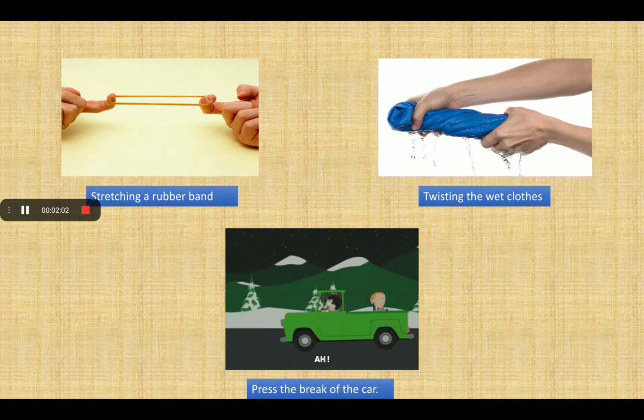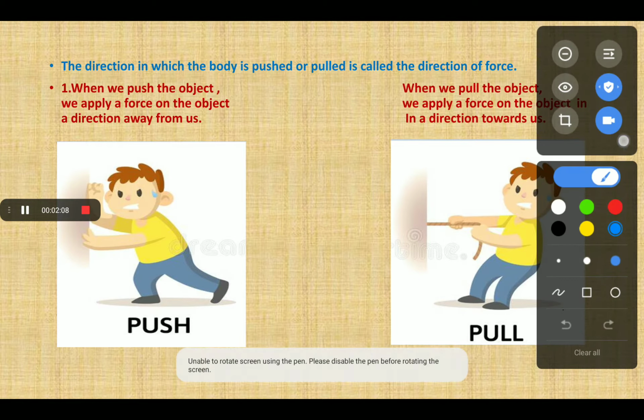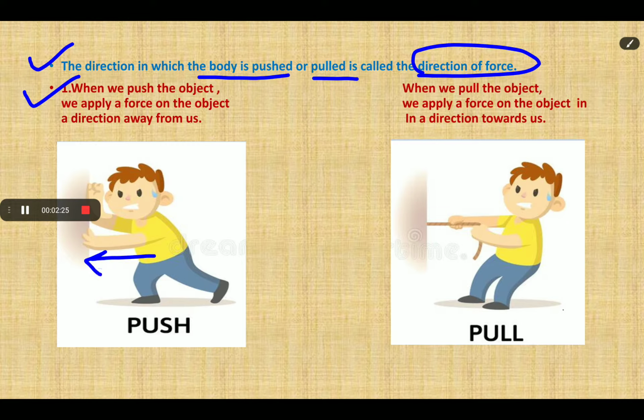These are the examples of force. Now, in the next slide, one of the important terms is direction. The direction in which a body is pushed or pulled is called the direction of force. As you can see, when we push the object in this direction, it means we apply a force on the object in a direction away from us.